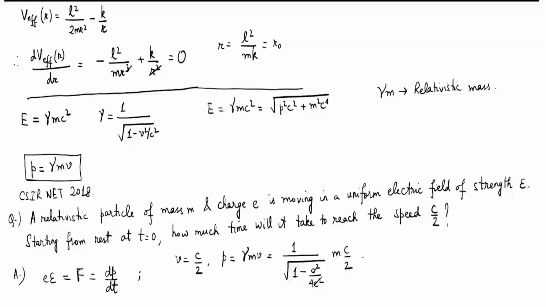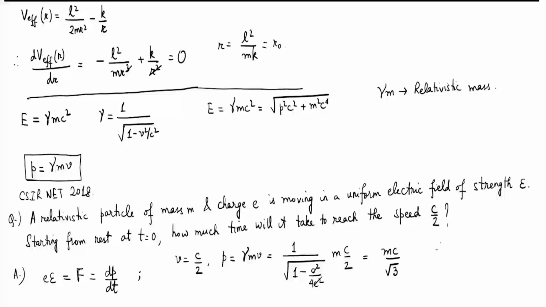So this is mc by root 3. That means when the particle reaches speed c by 2, its momentum will be mc by root 3.